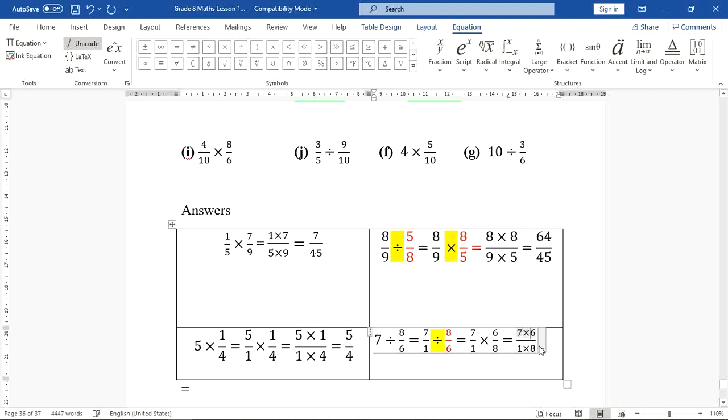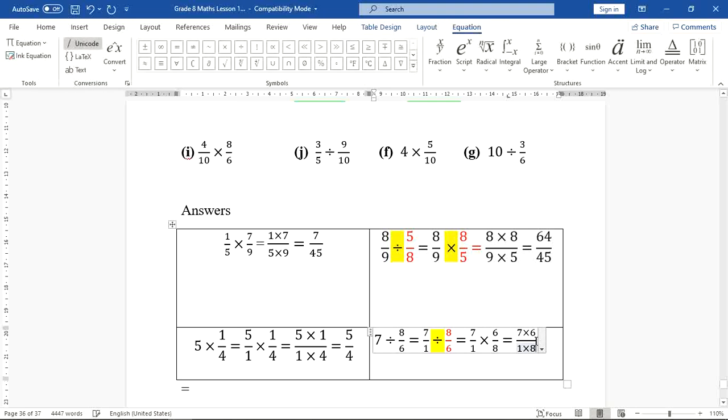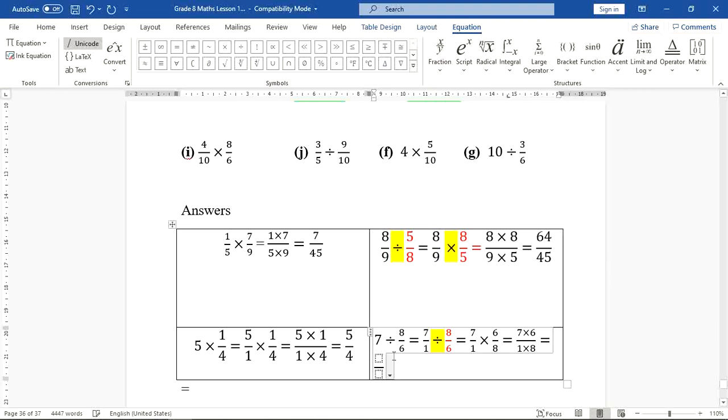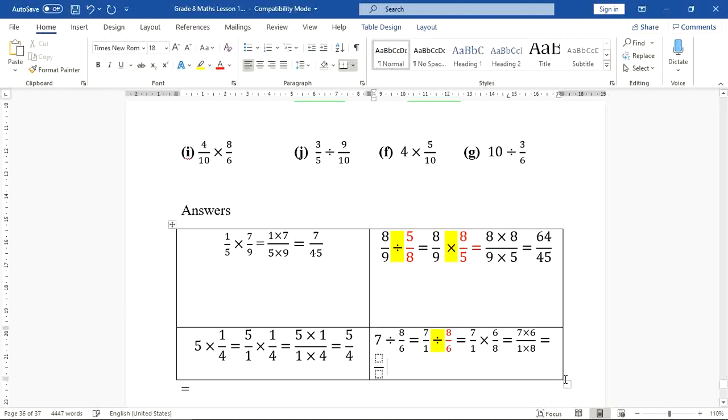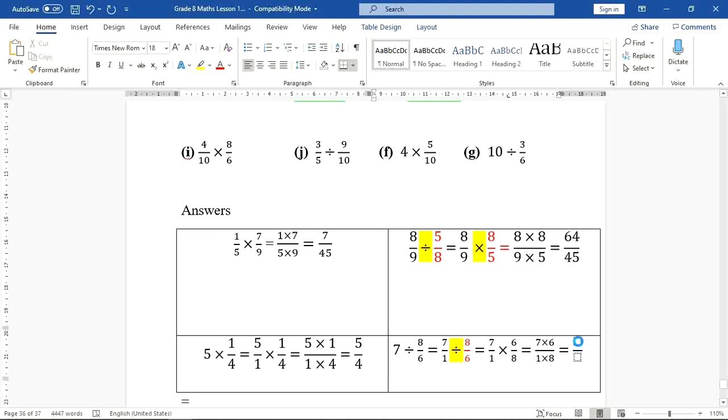And this is what we're going to have. 7 times 6 is 42/8.